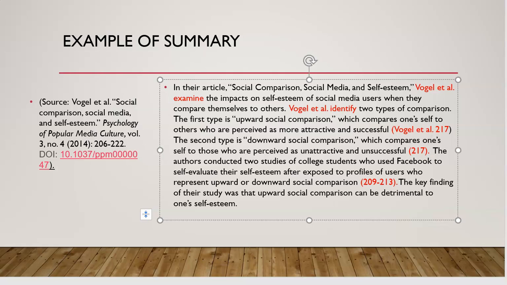And then again, when there's a page reference, when I can track back a quote to a specific page, I'll always include the page reference in the sentence. This should actually be right outside of the quote, so I should actually change this.